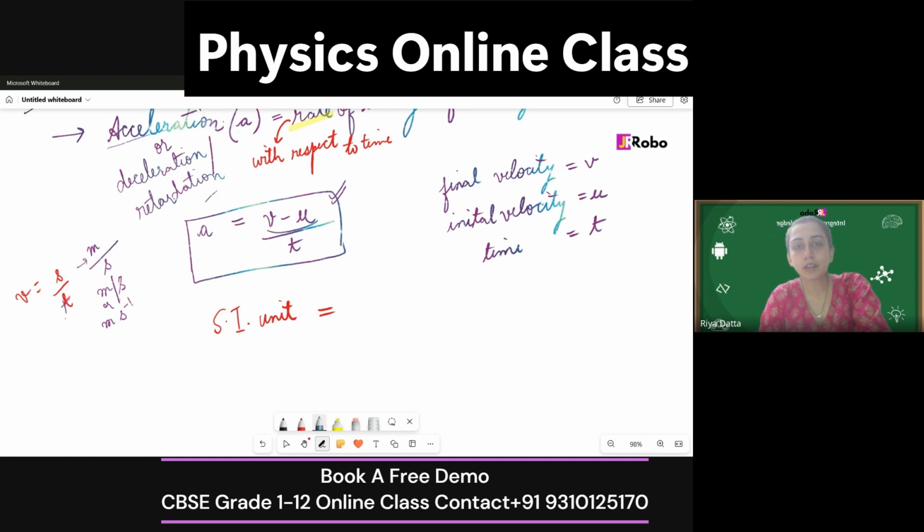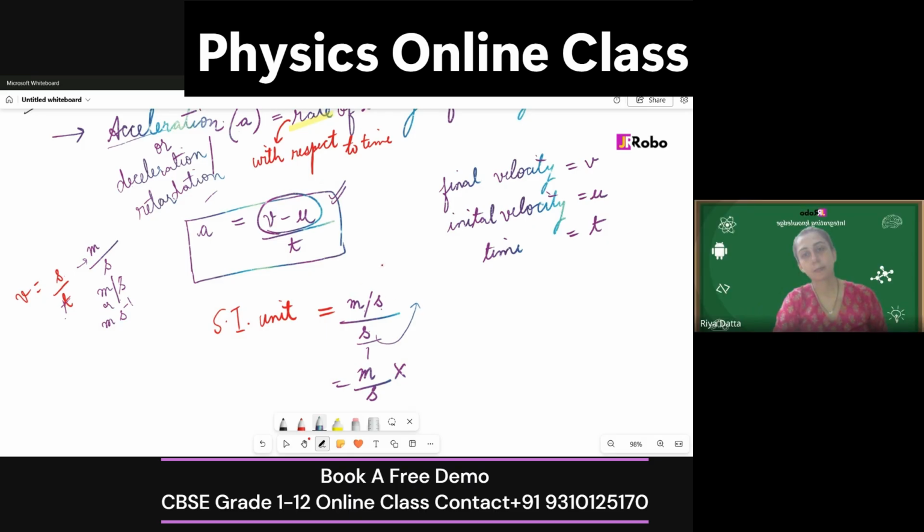Now, in the numerator, I have the velocity only, so obviously I will have this unit in the numerator. And in the denominator, I'm having time again, that means second. I don't have anything below this, so I can keep one here. Whenever this situation is there, you will write this as it is. And if I want to bring it in front of this quantity, it becomes reversed.